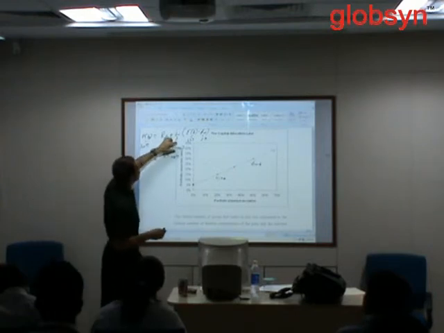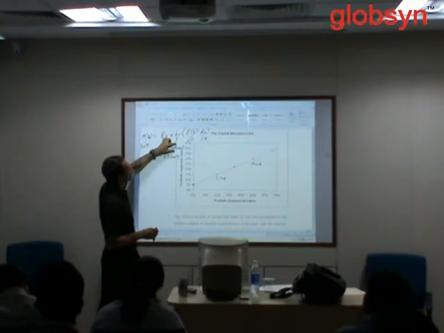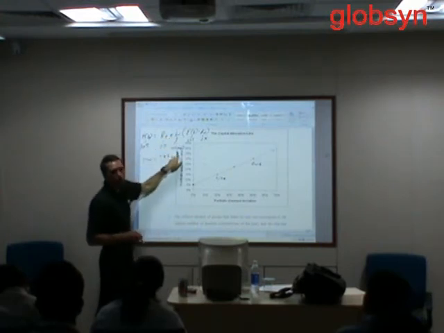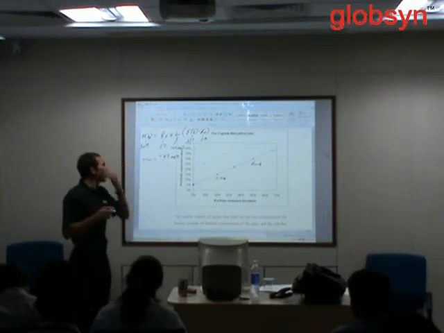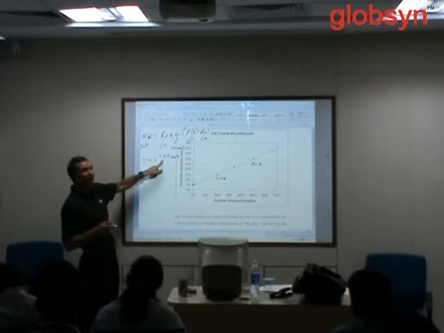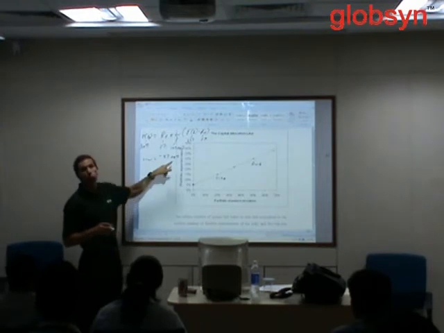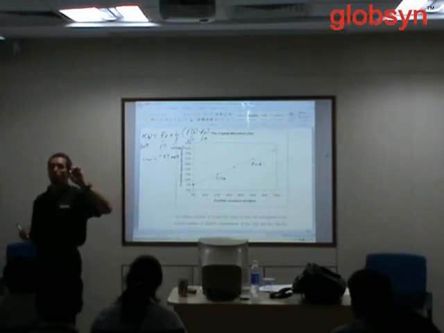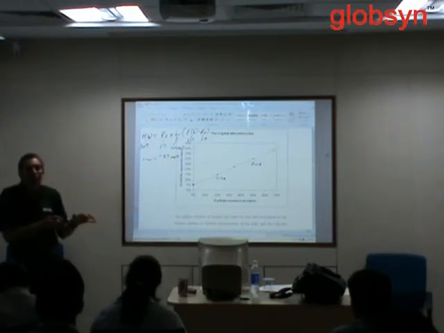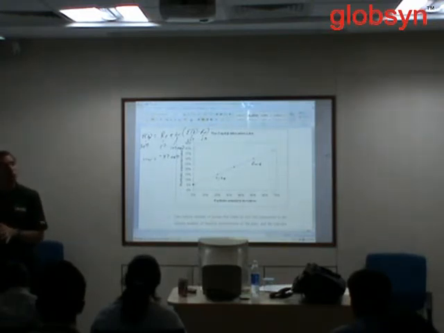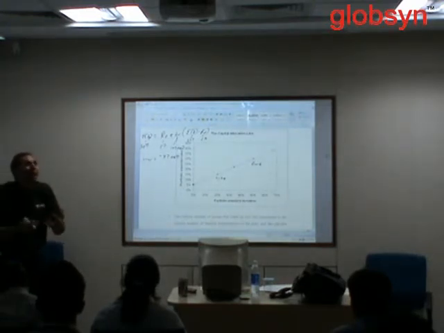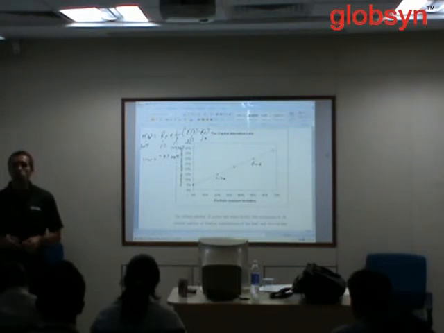So the total proportion of Barb's money that is in the risky asset is 147.06%. The proportion of Barb's money that is invested into the risk-free asset is negative 47.06%. Because when you borrow money, that is the opposite of investing money. So it is the negative of investing money.